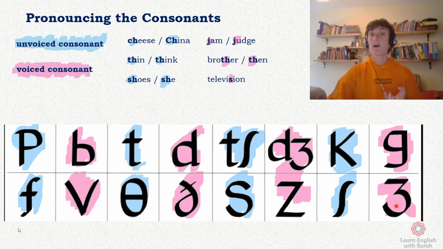And if you want a word, an easy word to help you remember is television. So this sound is a zh sound. Shh. And again, just like we can with these two, you can practice moving between shh and zh.